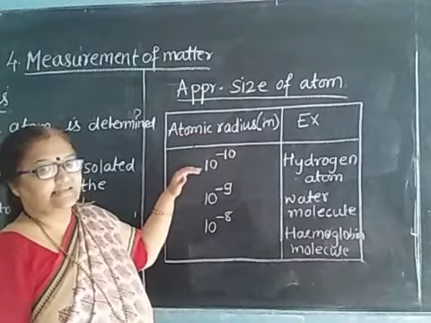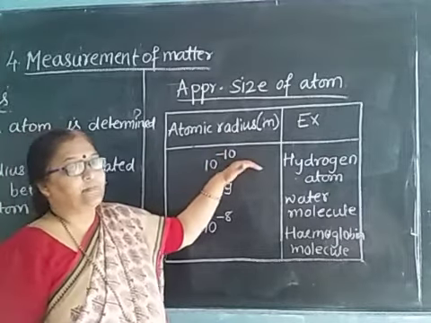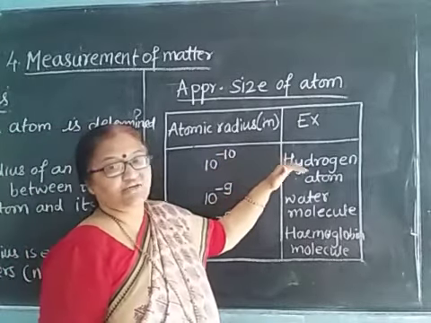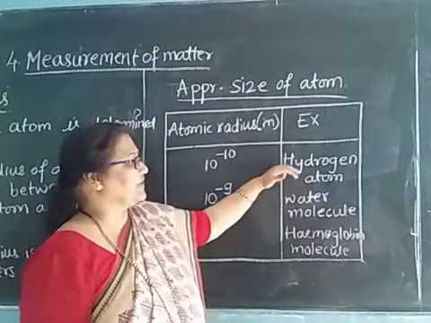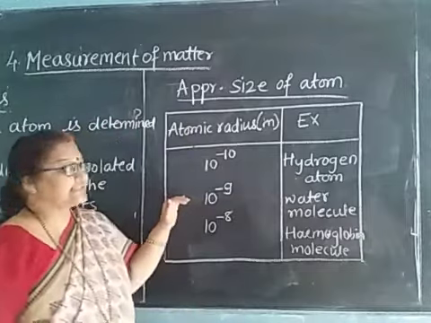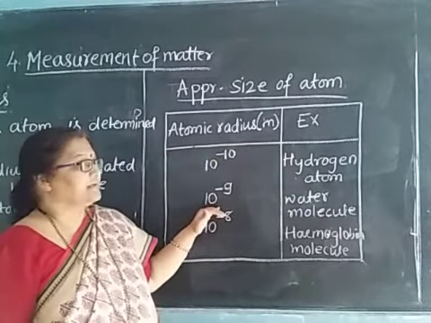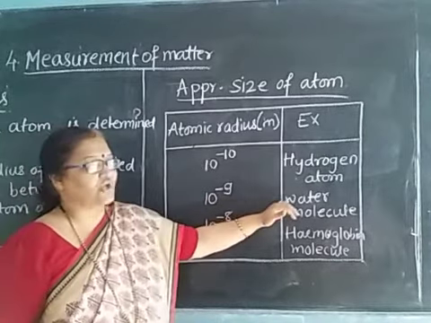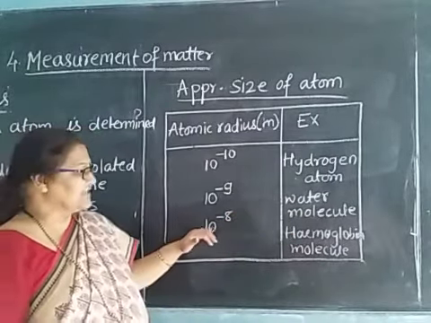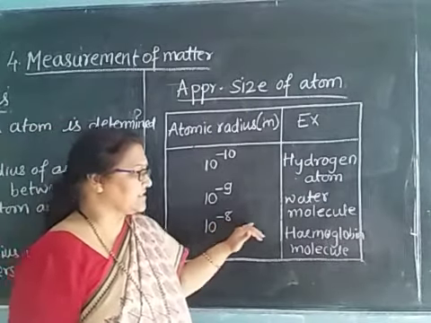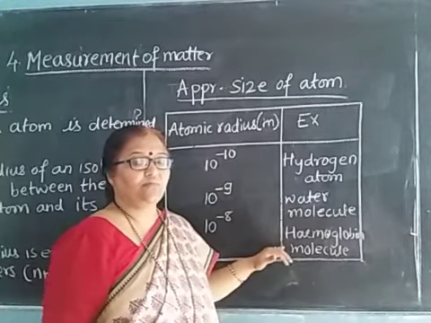Atomic radius of 10 raised to minus 10 meters is, for example, the radius of the hydrogen atom. Next comes 10 raised to minus 9 meter, that is the size of a water molecule. Now 10 raised to minus 8, that is the size of the hemoglobin molecule.